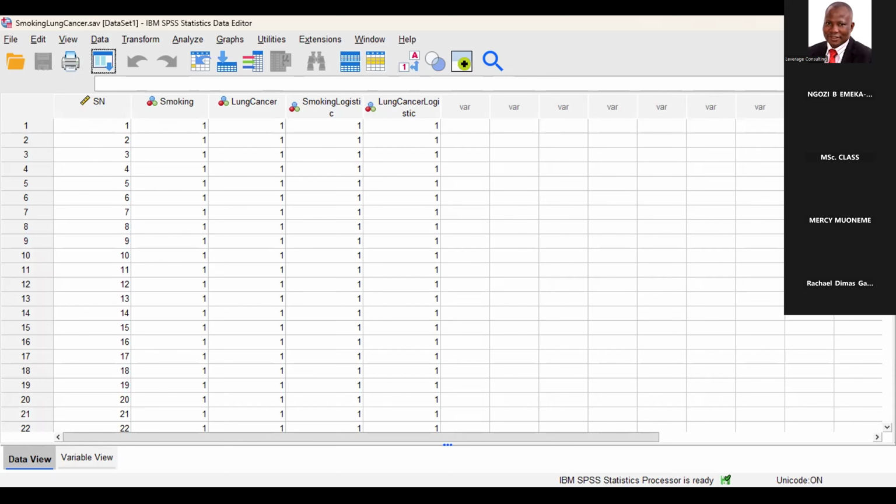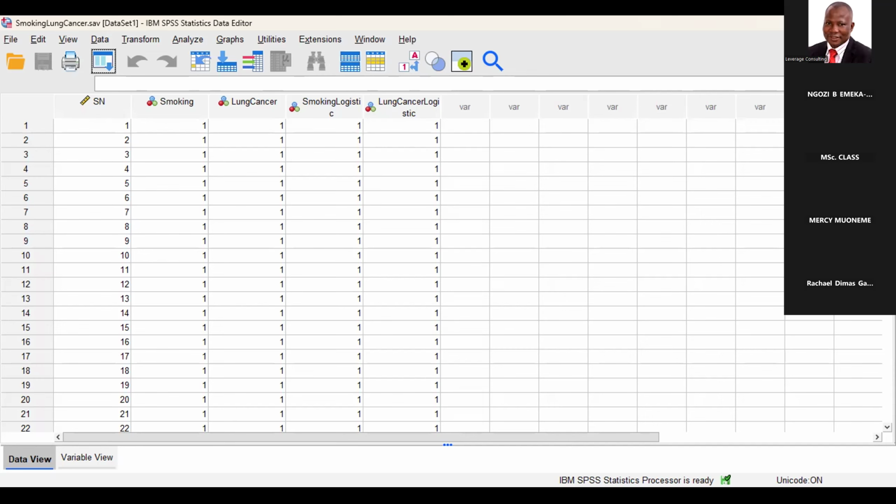If you code yes 1, no 0, and you arrange according to figure, 0 will come before 1. Imagine you have coded not smoking 0. By the time the computer arranges it, it will put that 0 first because that is the one that will come before 1.